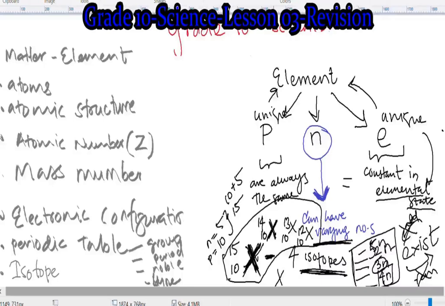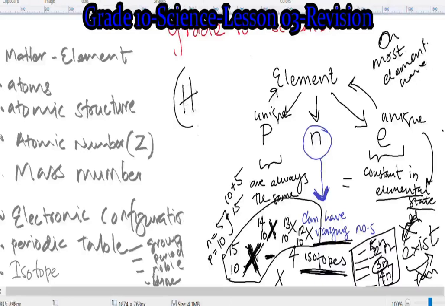I told you how they find out. There is a big process, a big machine using these charge variations. They find it out. And yeah, almost all elements have isotopes. One that we learned was hydrogen, and they even named it.